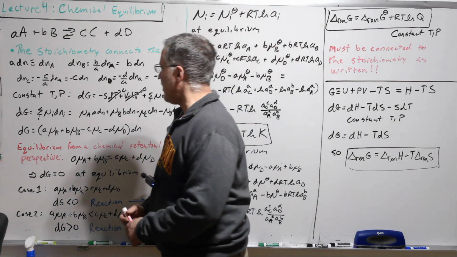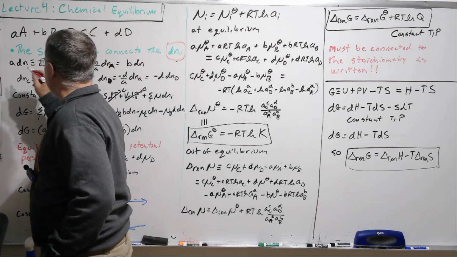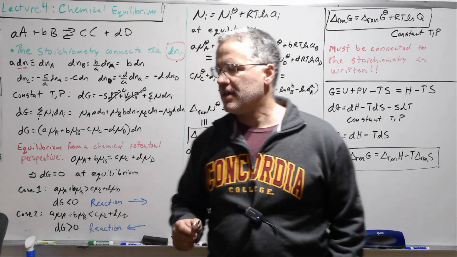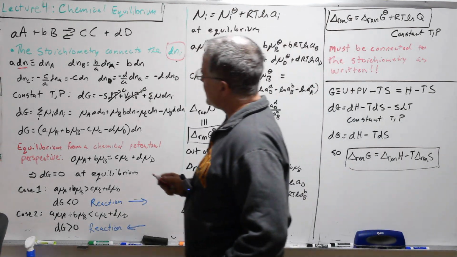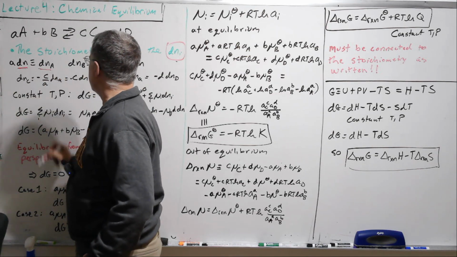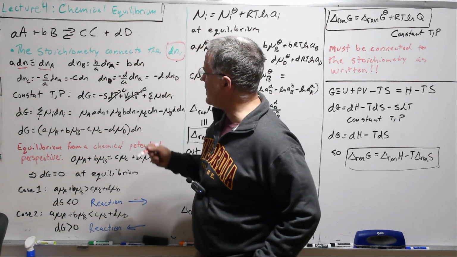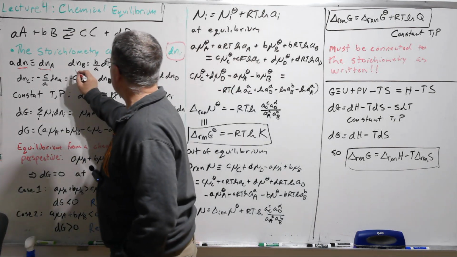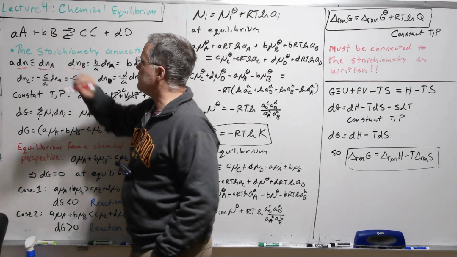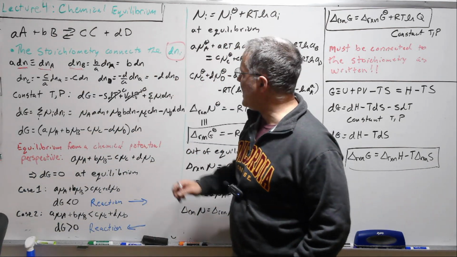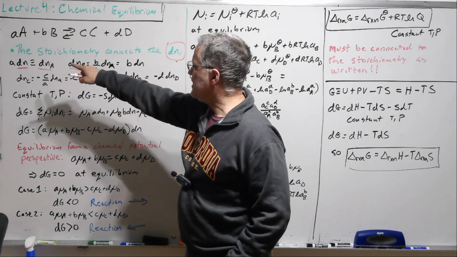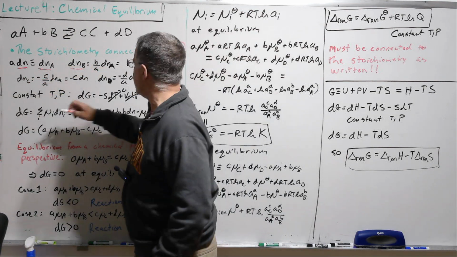And so what that means is we can just talk about a single dN. Let's let a dN equal dN_A. If we look at the change in B, the change in B is going to be given by b over a times the change in A. But the change in A is a dN, as we've defined.